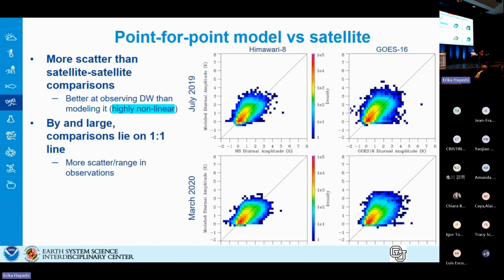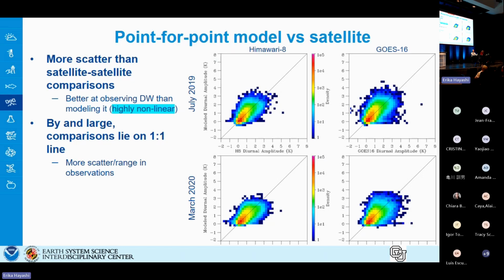And now we have illustrations for Himawari 8 and GOES-16 for the July case and the March case. Now, they're not perfect, obviously, but they do line up along the one-to-one line.